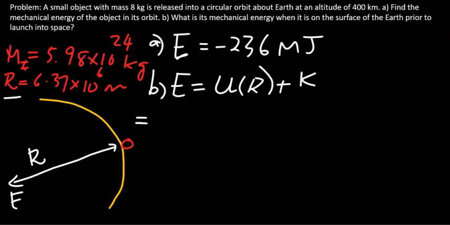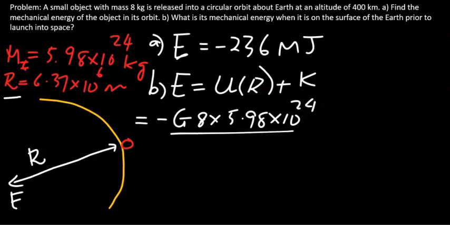The gravitational potential energy is given by minus G, the product of the two masses, which is 8 kg times 5.98 times 10 to the power 24 kg, divided by the center-to-center distance, which in this case is just the radius of the Earth, and that is 6.37 times 10 to the power 6 meters.